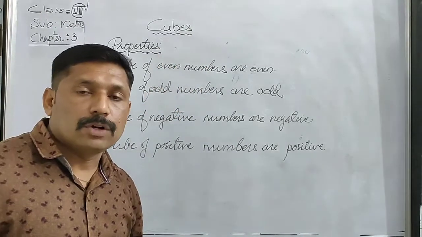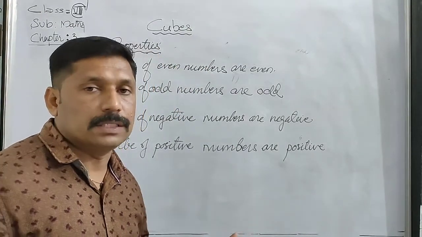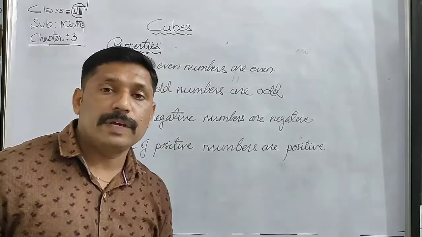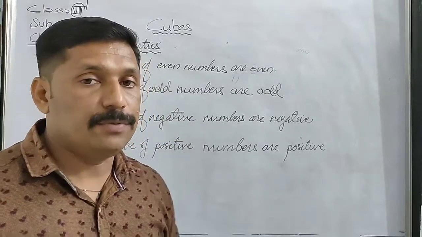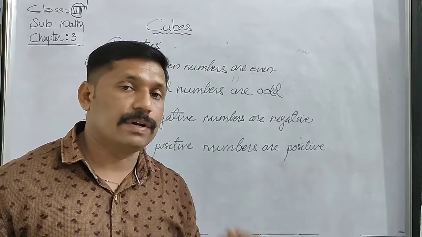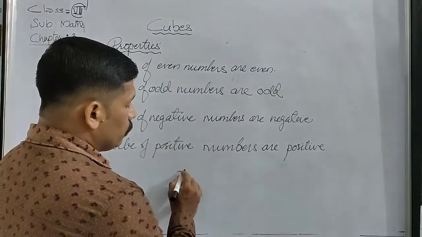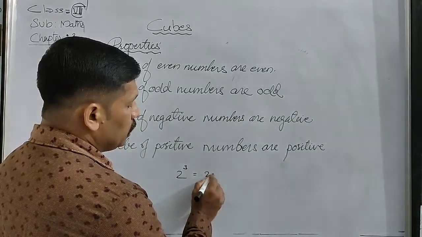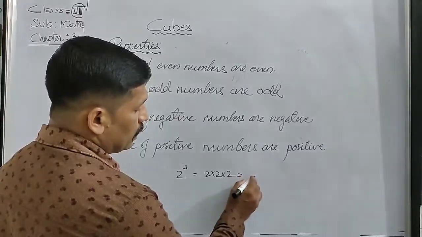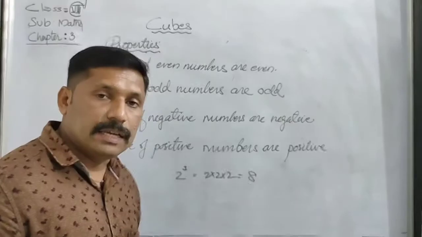The main properties of cube numbers are, first one, the cube of even numbers are always even. For example, 2 cube, 2 is an even number, its cube, 2 into 2 into 2 is equal to 8. This 8 is an even number.